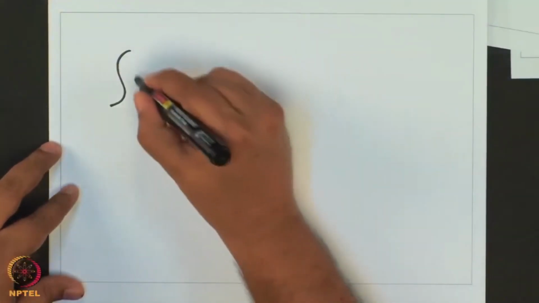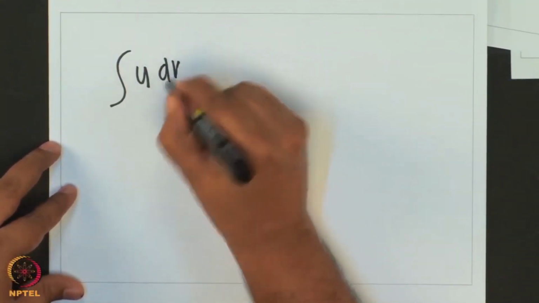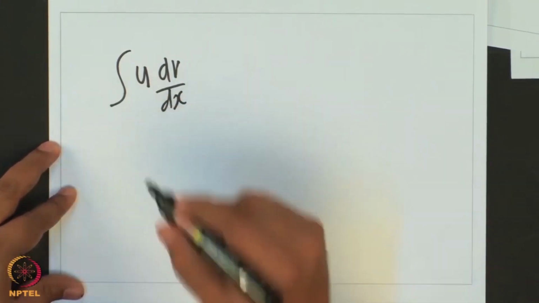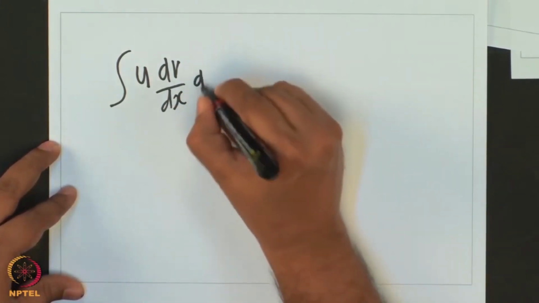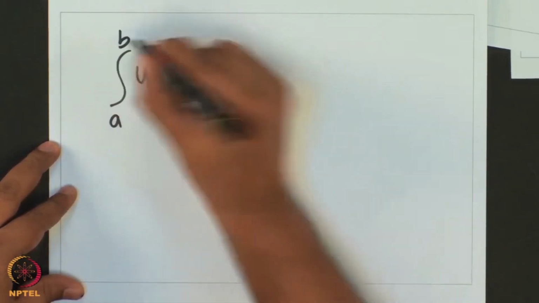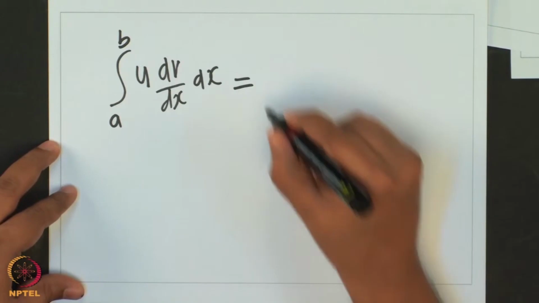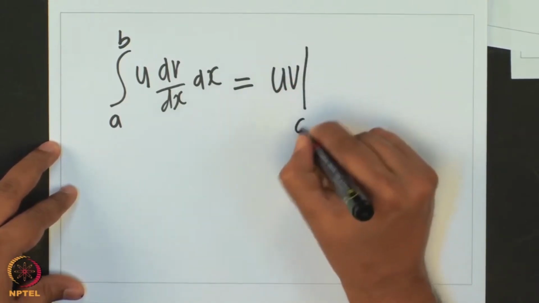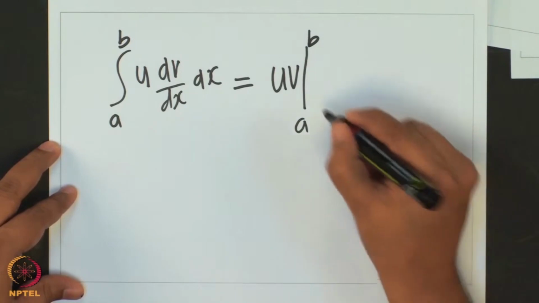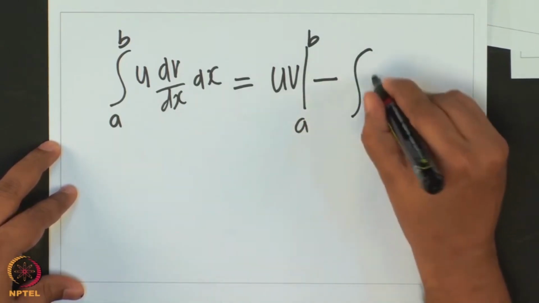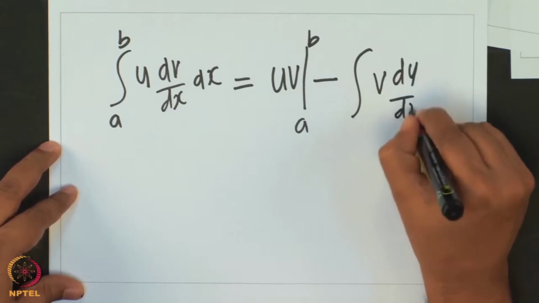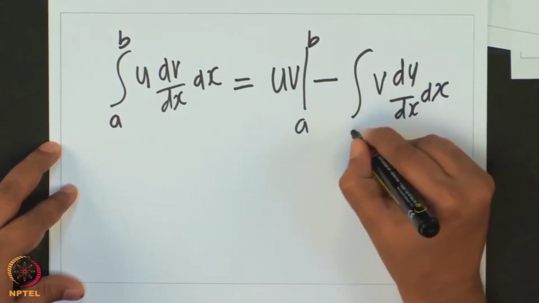In other words, this is an important formula that one would use to compute the integral of a product of u and another function dv by dx, which is the derivative of some function v. The integral from a to b of u dv by dx is equal to uv itself in the limit a to b, minus the integral from a to b of v du by dx.